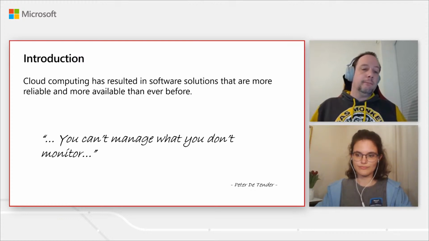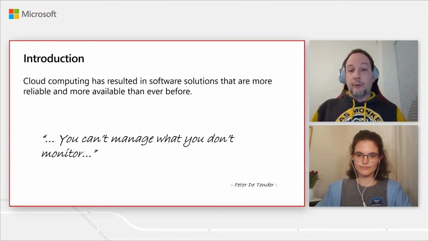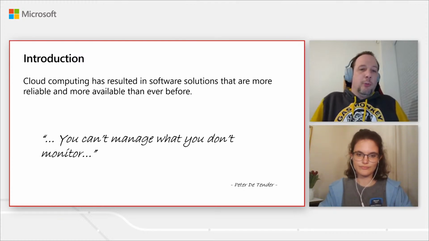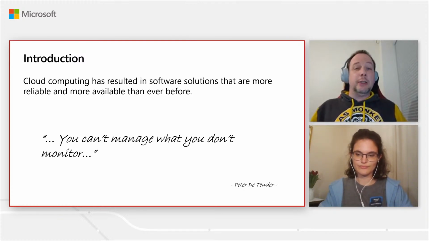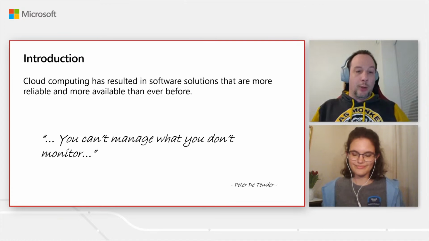And it wouldn't be reasonable to assume that any human being is going to watch your cloud environment, depending a bit on the size and the complexity. But even in a small, medium-sized environment, you still need to monitor. And back to the statement, there's no way you can manage your environment if you're not properly monitoring it.